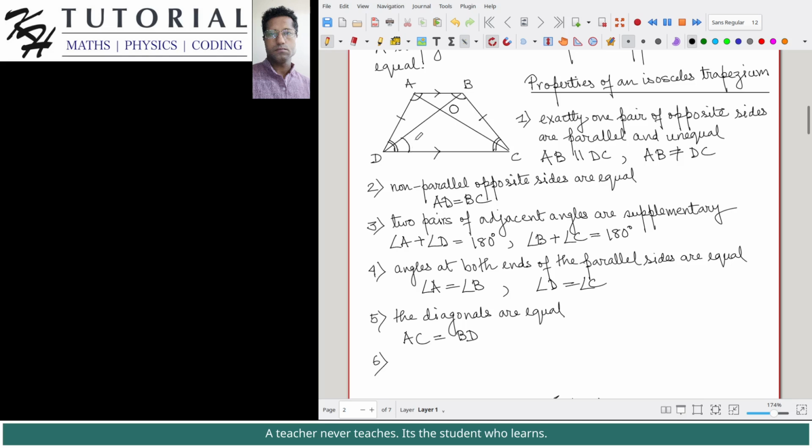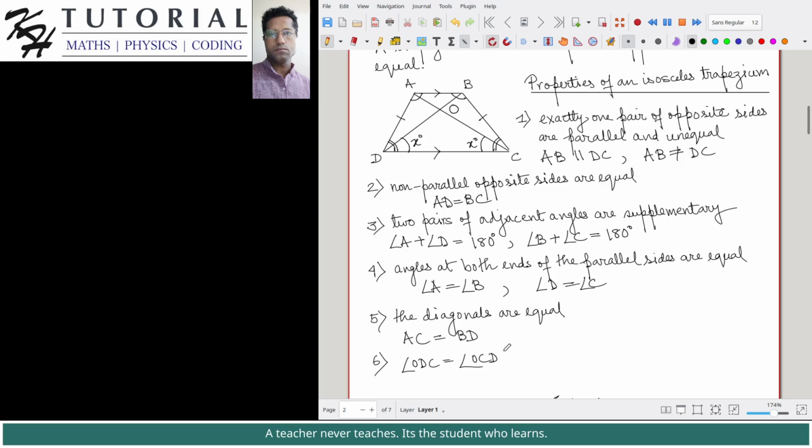Let's say this angle is x degrees. If this is x degrees, then this angle will also be x degrees. I don't know how to name this property. I am writing the result that angle ODC will be equal to angle OCD.